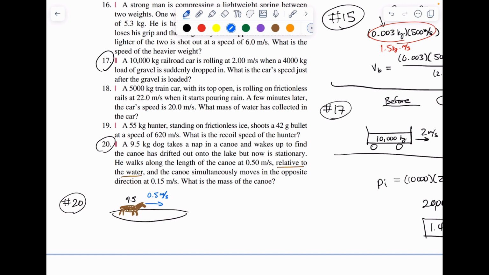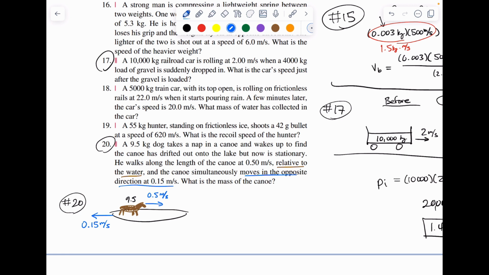And the canoe simultaneously moves in the opposite direction at 0.15 meters per second. I think they're implying here that it's moving relative to the water that fast. So I guess the relativity part maybe doesn't matter. What is the mass of the canoe? Okay, interesting.